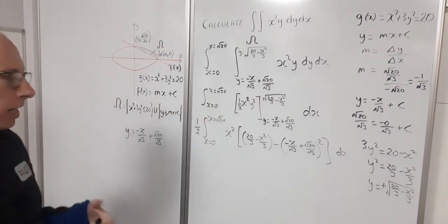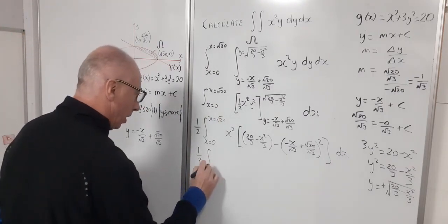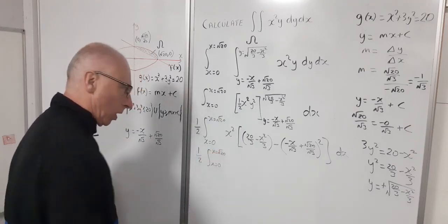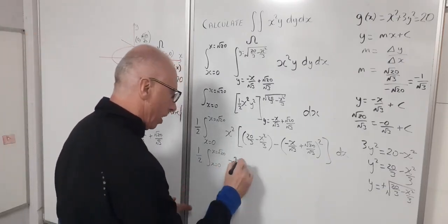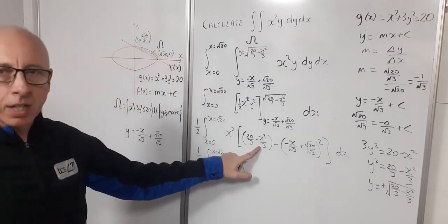Okay, let's do another line. So now it's 1/2, x equals 0, x equals root 20. We can't miss that out, that has to stay. X squared. Right, now let's start working these out. So 20 over 3 minus x squared over 3.